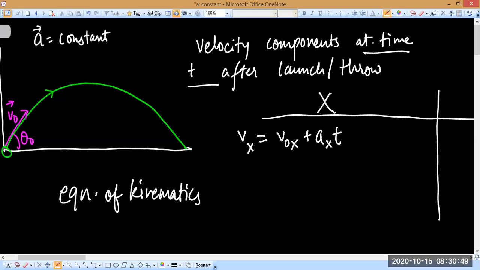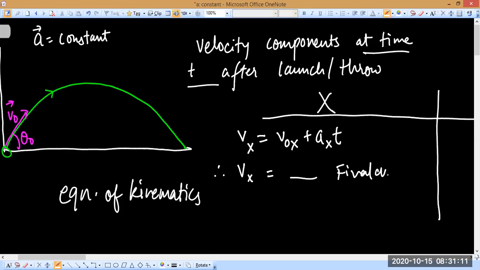I hope this is clear, and you should now be able to write it yourself. Put the values, come on people. What is v0x? What do we get? I want the final answer here.